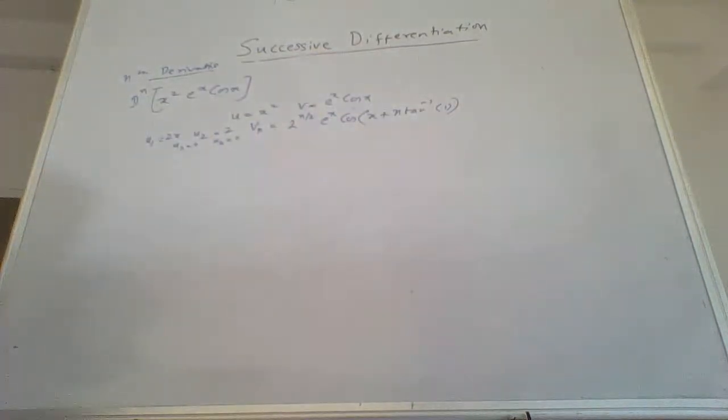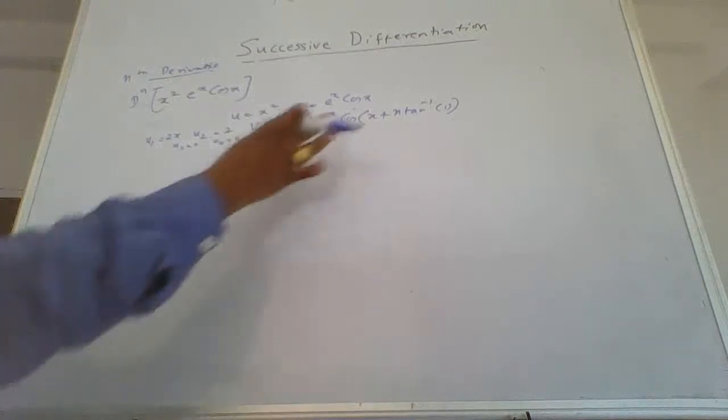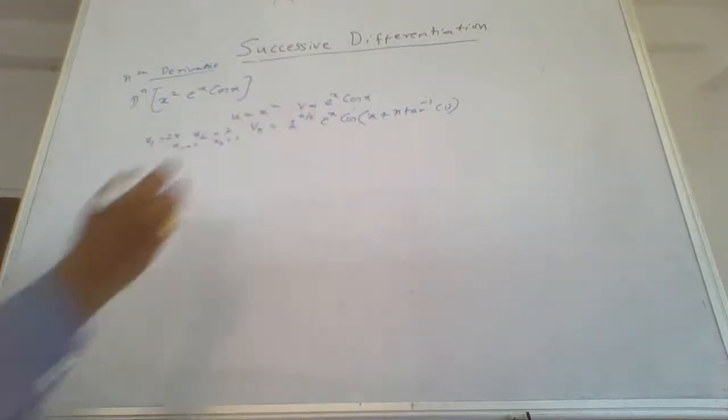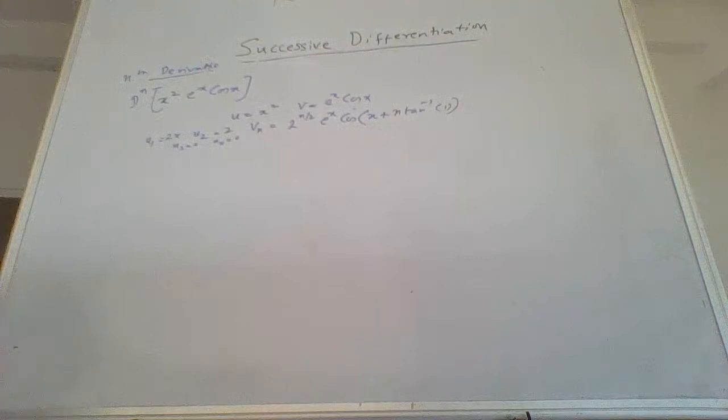This I can simplify further: tan inverse of 1 will be pi by 4. Fine.